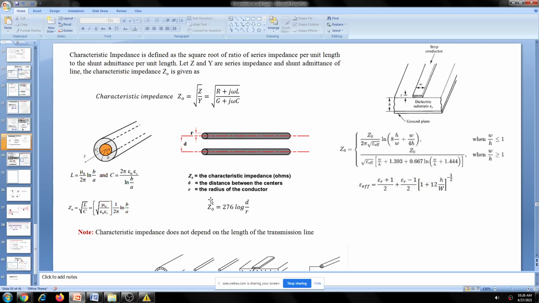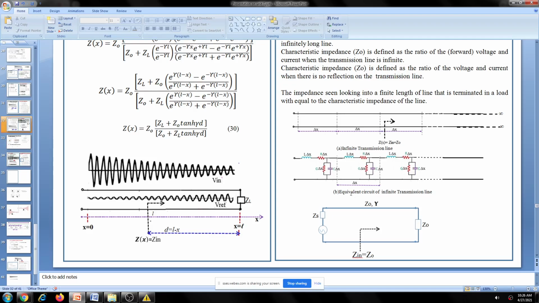Whether it is this two wire line, a coaxial cable given by this equation, or a microstrip line given like this, if you know the parameters, you can calculate the characteristic impedance of these lines. We should know that, otherwise we cannot do impedance matching. You should know the characteristic impedance of these transmission lines.